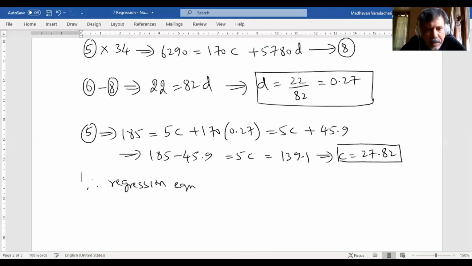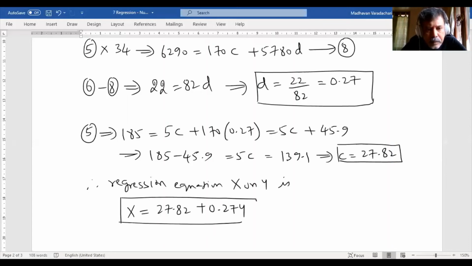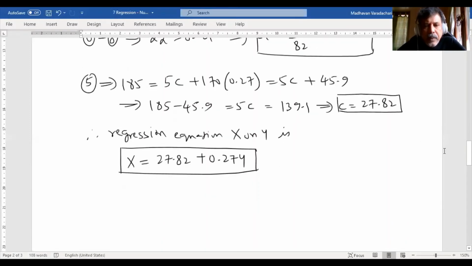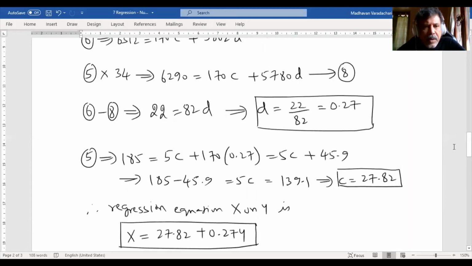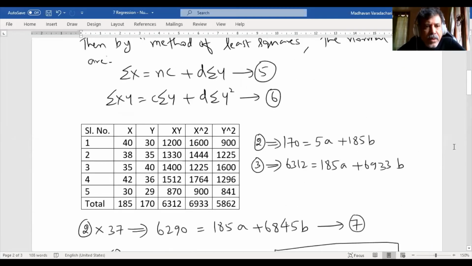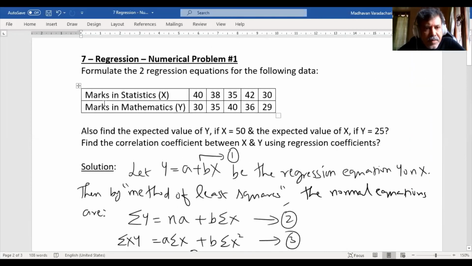Regression equation x on y is x equal to c plus dy. Right. So we formed both the regression equations x on y and y on x. That is the first part of the question.